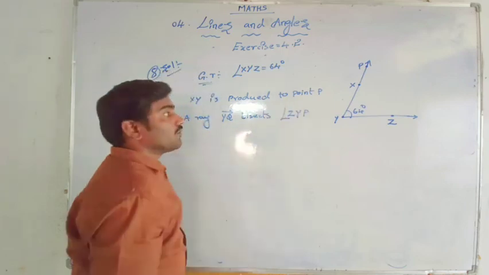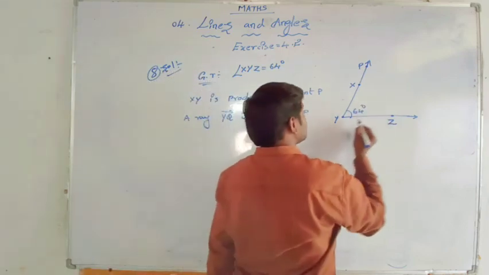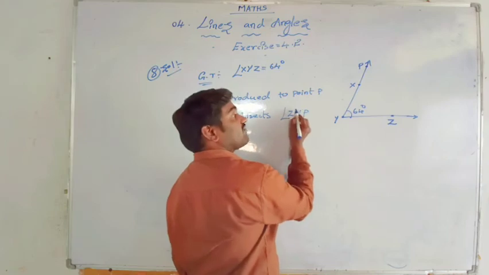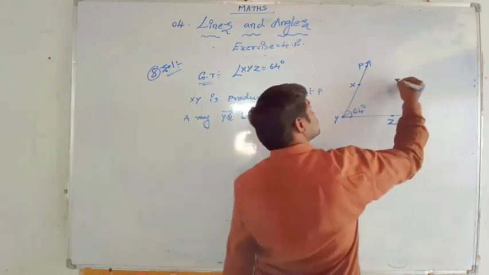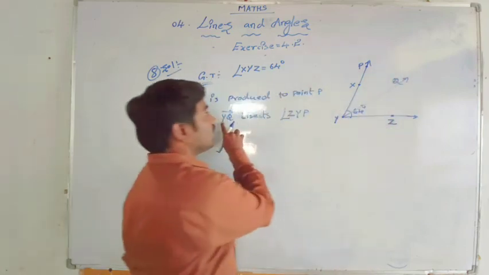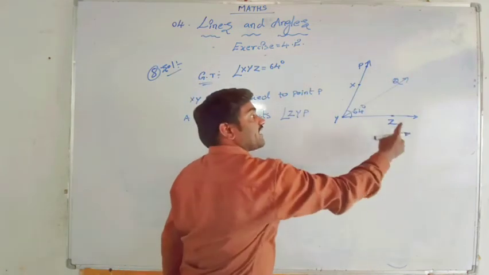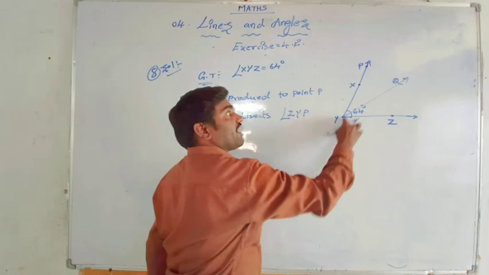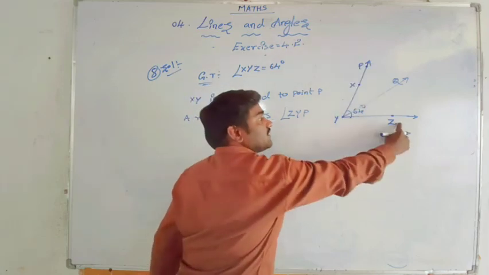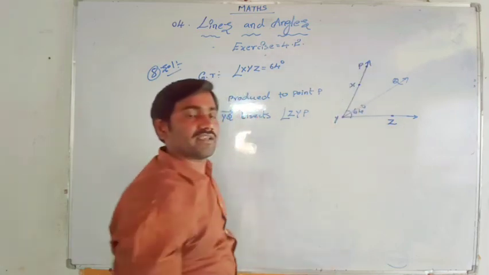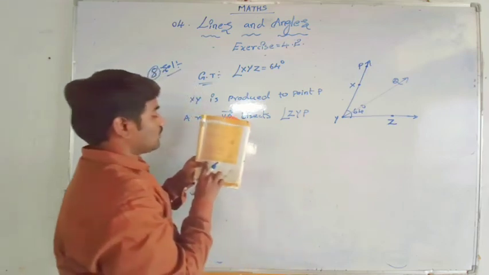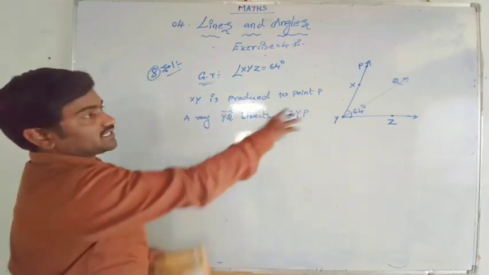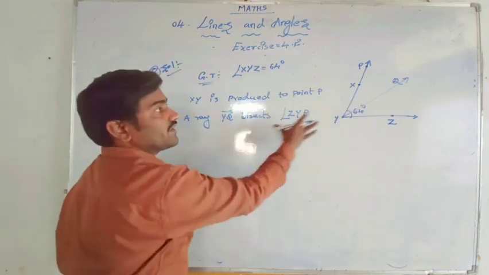Okay, one ray we will take which bisects angle ZYP. That means angle ZYP is bisected. Yes, here it is YQ. YQ is a ray. It's bisecting angle ZYP, not X now. ZYP. Yes, now it is satisfied. Draw a figure from the given information. Yes, we have drawn the figure from this given information.